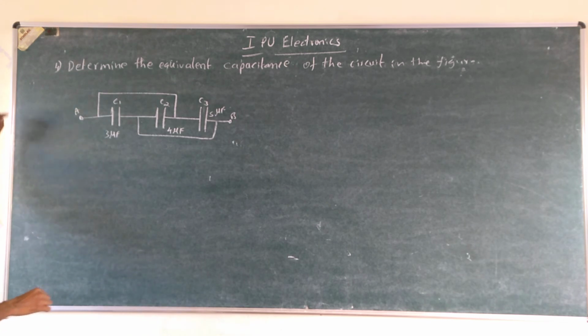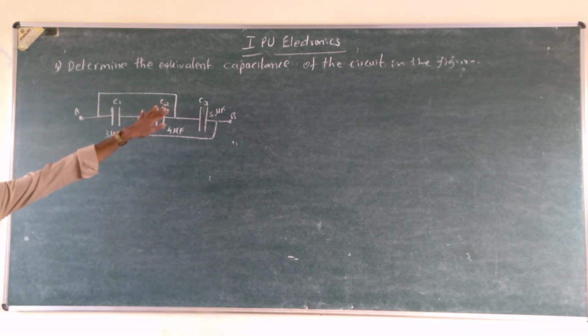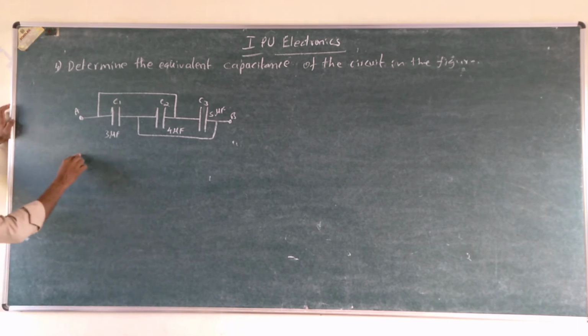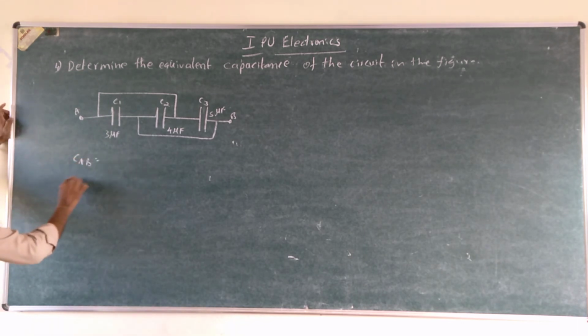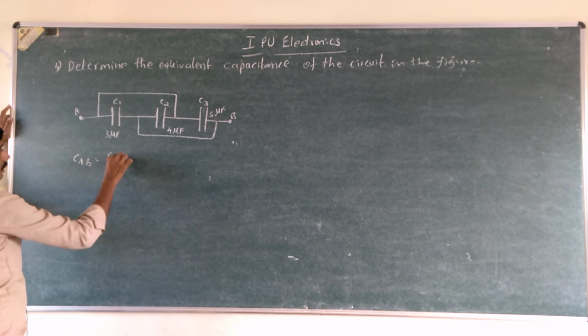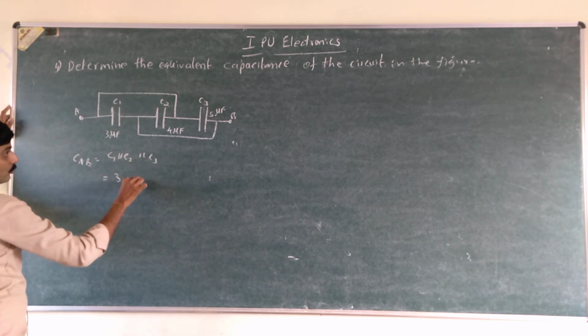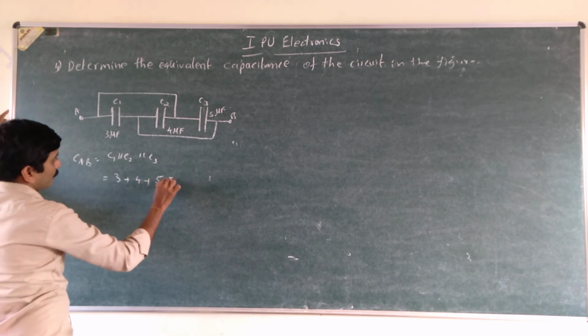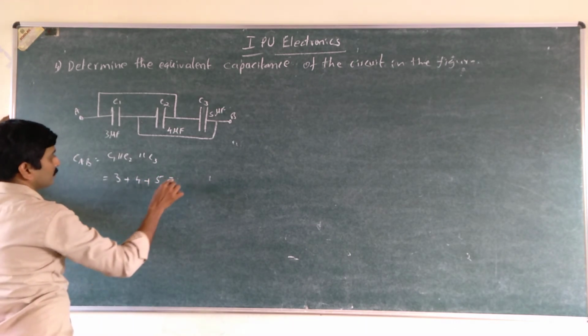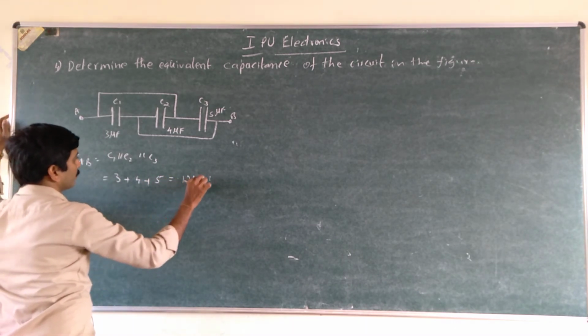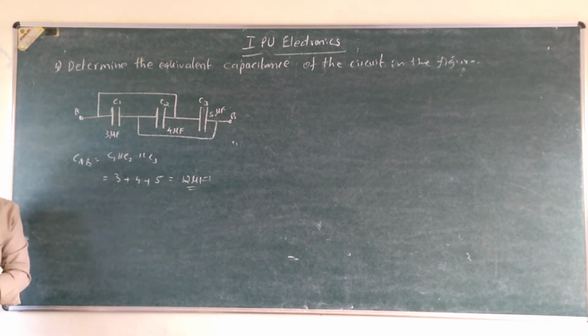Now, this type of problem you had in the previous class, where all are parallel combinations. So CAB is equal to C1 parallel C2 parallel C3, 3 plus 4 plus 5 microfarad, 12 microfarad. Just take the summation.